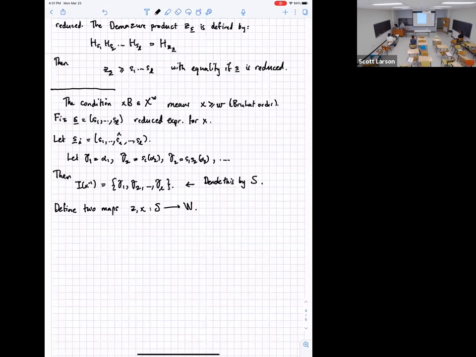I'm going to define Z of gamma i to be just the Demazure product of what I get by deleting the ith reflection. And I'm going to write X of gamma i to be just the product S1, dots, S i hat, dots, S l. For simplicity, I'm going to denote this element by Z i, and I'm going to call this element here X i.